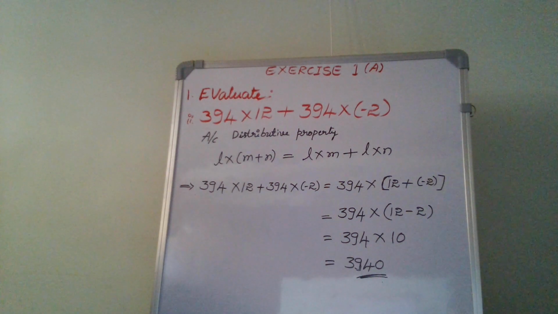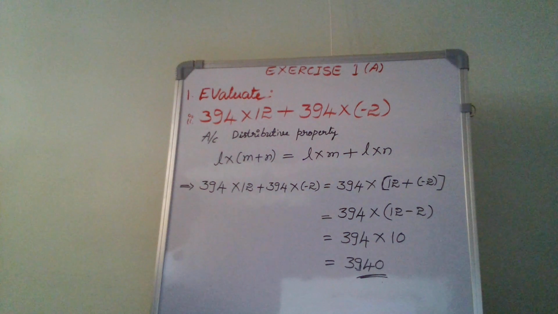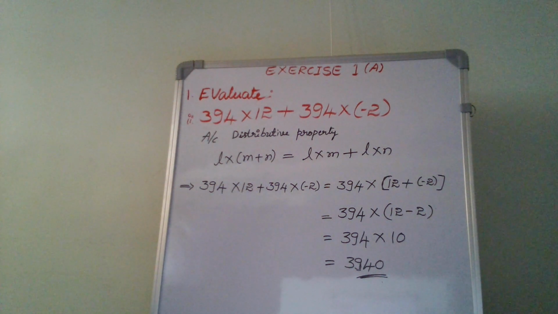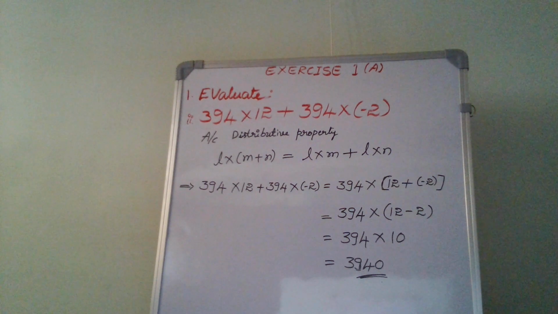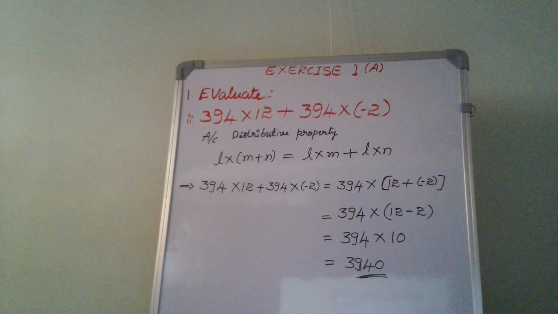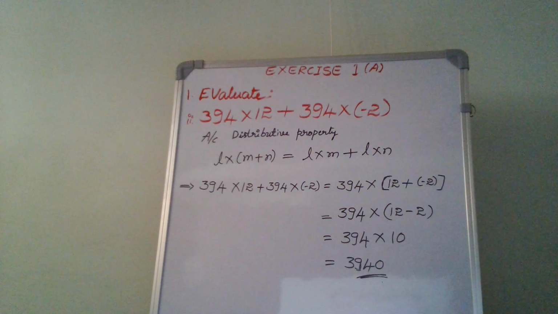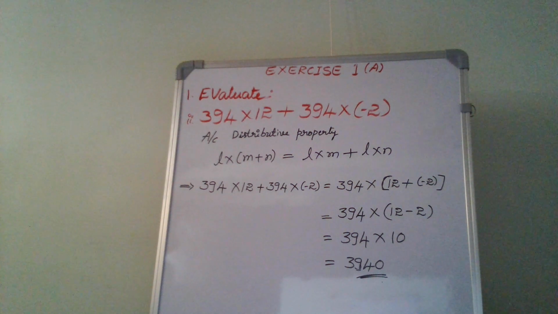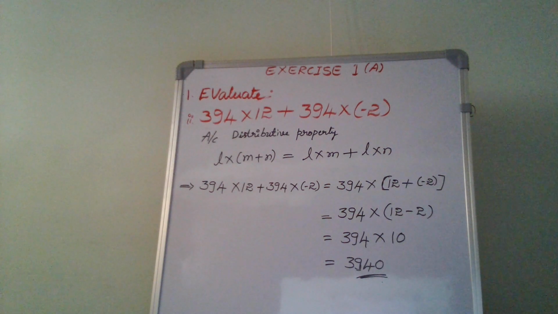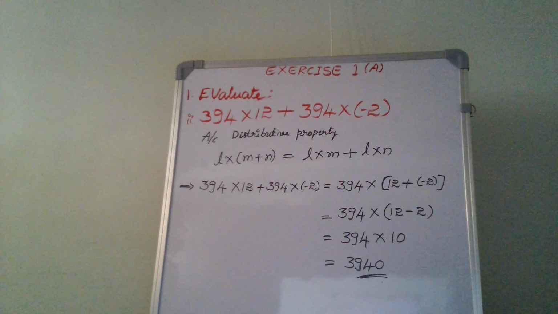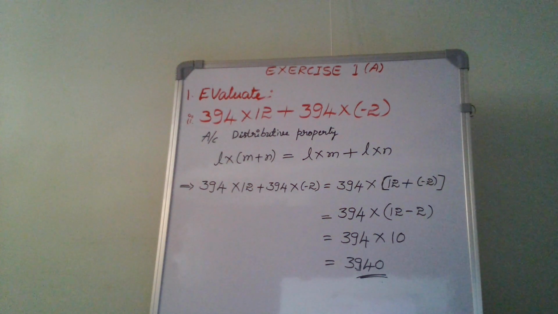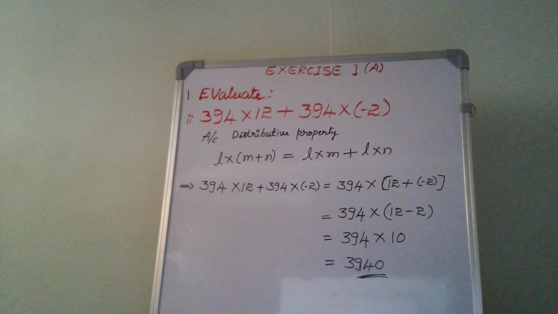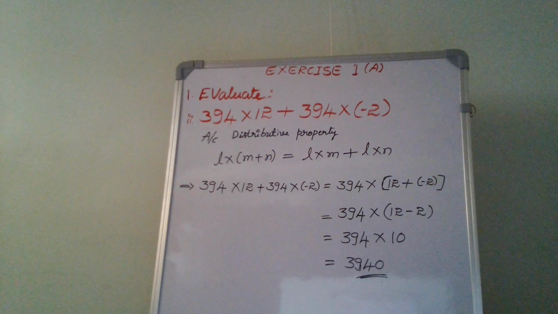The second problem is 394 into 12 plus 394 into minus 2. If you observe the problem, this is also the same as the previous one. According to the distributive property, L into M plus N is equal to L into M plus L into N. Write down the problem as it is, 394 into 12 plus 394 into minus 2, which is equal to, take 394 as a common factor, 394 into 12 plus of minus 2.